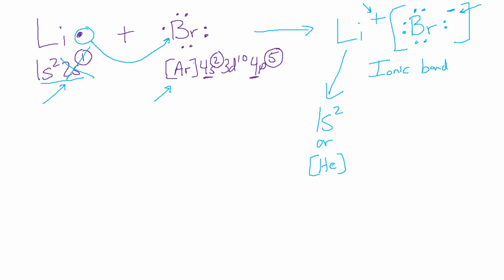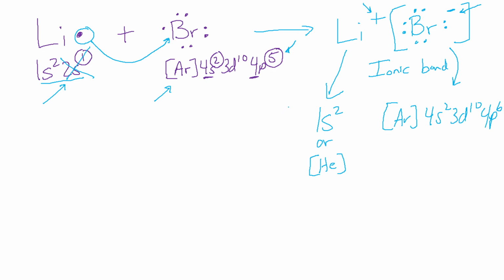Now, when we look at bromine, bromine actually had a spot right there in the p subshell for that one electron, and it will fill in right there. It gives us now our bromide ion, that has an electron configuration of argon, 4s2, 3d10, 4p6 right there.